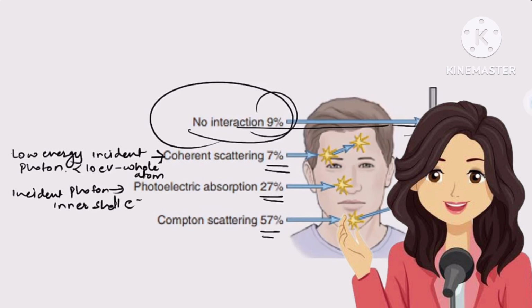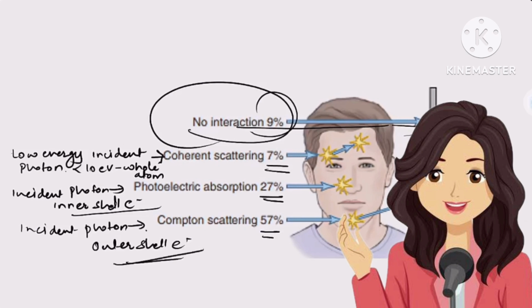This is photoelectric absorption. Third, the incident photon interacts with an outer shell electron. This is Compton scattering. So three possibilities: a low energy incident photon, less than 10 electron volt, interacting with the whole atom; the incident photon interacting with an inner shell electron; and the incident photon interacting with an outer shell electron.